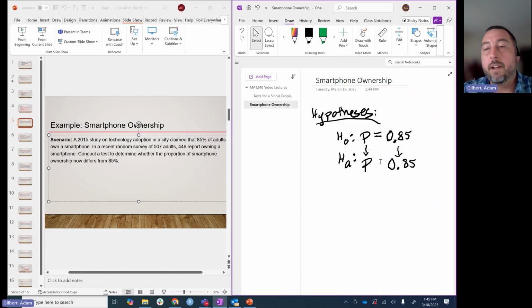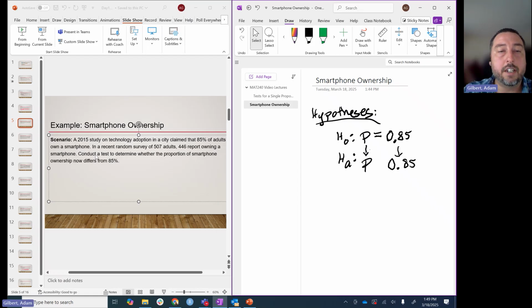In order to determine what goes here, remember it's going to be one of three symbols. It'll be either a not equal to symbol if we're just looking for a change or for a difference. It'll be a greater than symbol if we're looking for an increase, or it'll be a less than symbol if we're looking for a decrease.